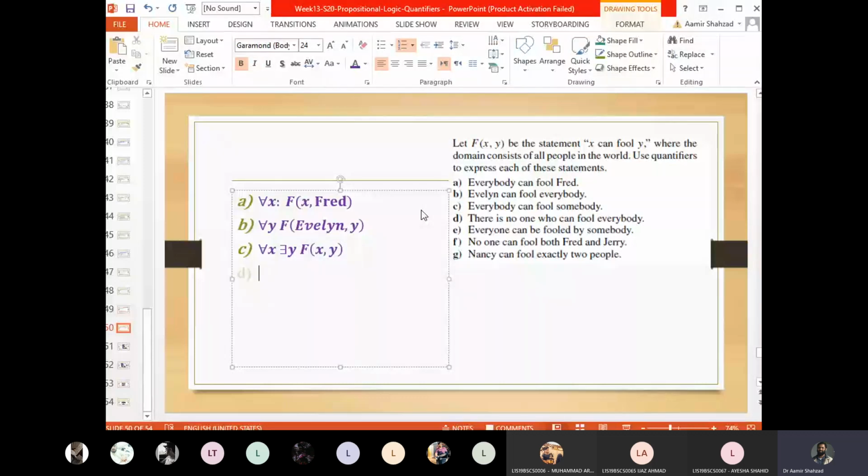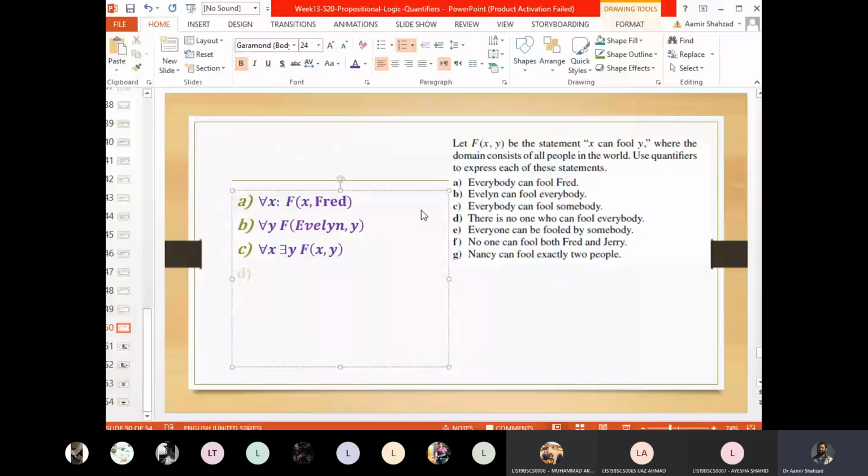Part D: there is no one who can fool everybody. There is no one who can fool everybody. So this is like a negation. There is no one, not a single person, who can fool everybody.